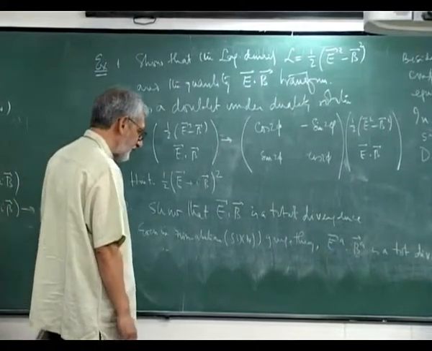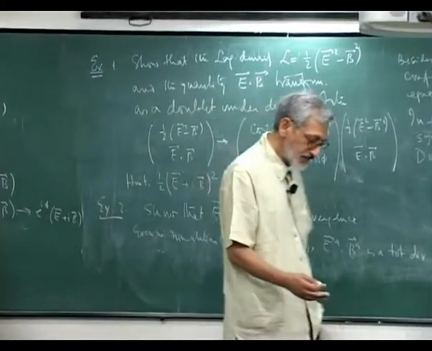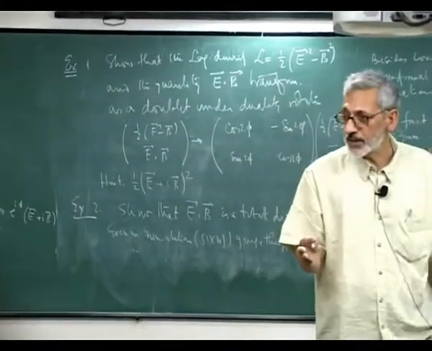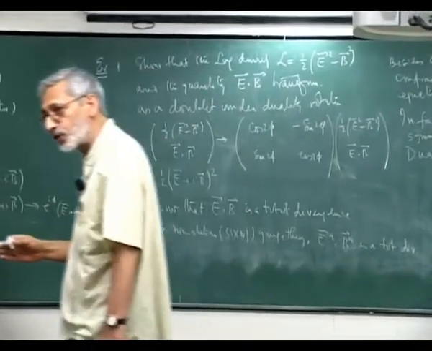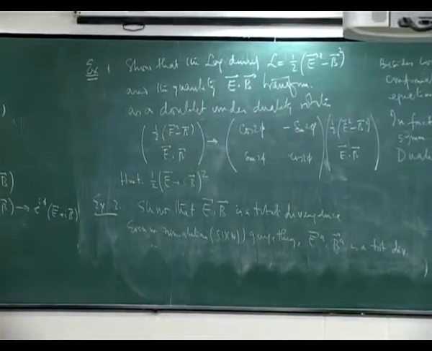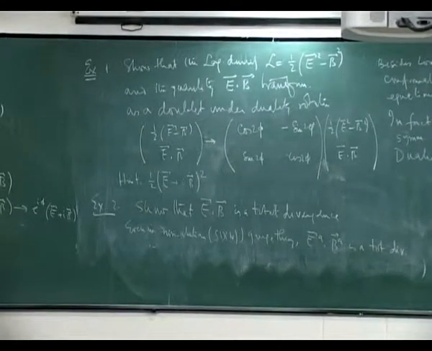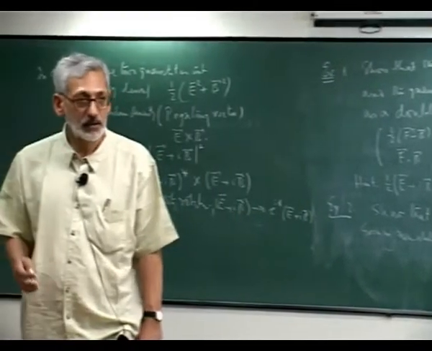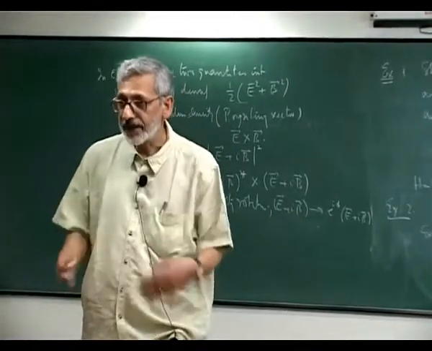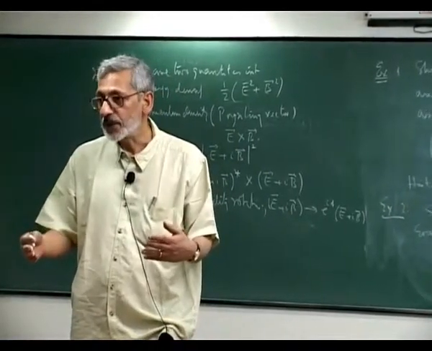And quantities which are total divergences in some sense carry information only about the topology of the manifold on which they are defined, because they pick up only the properties at infinity.